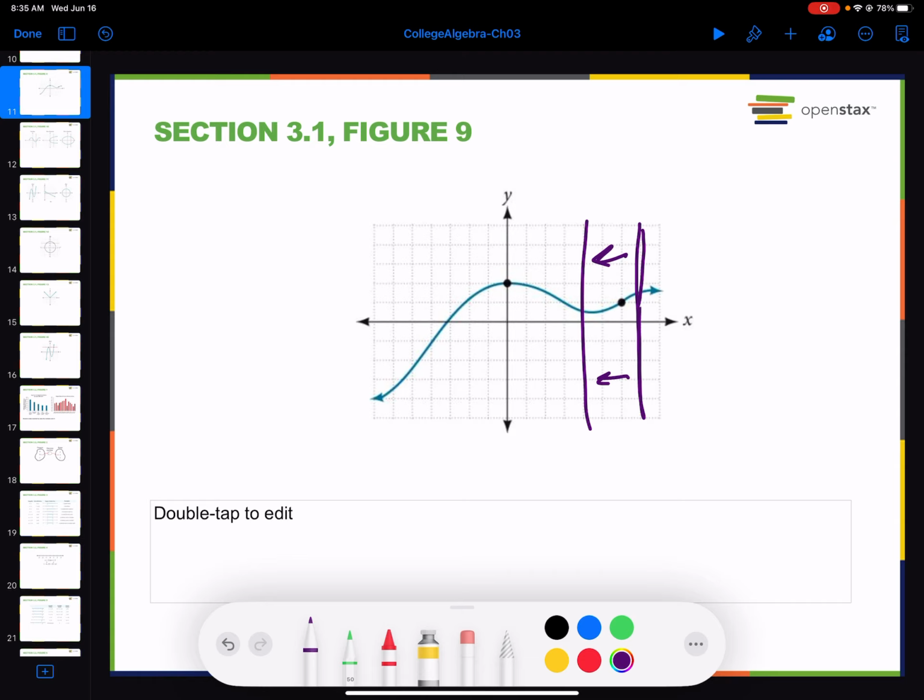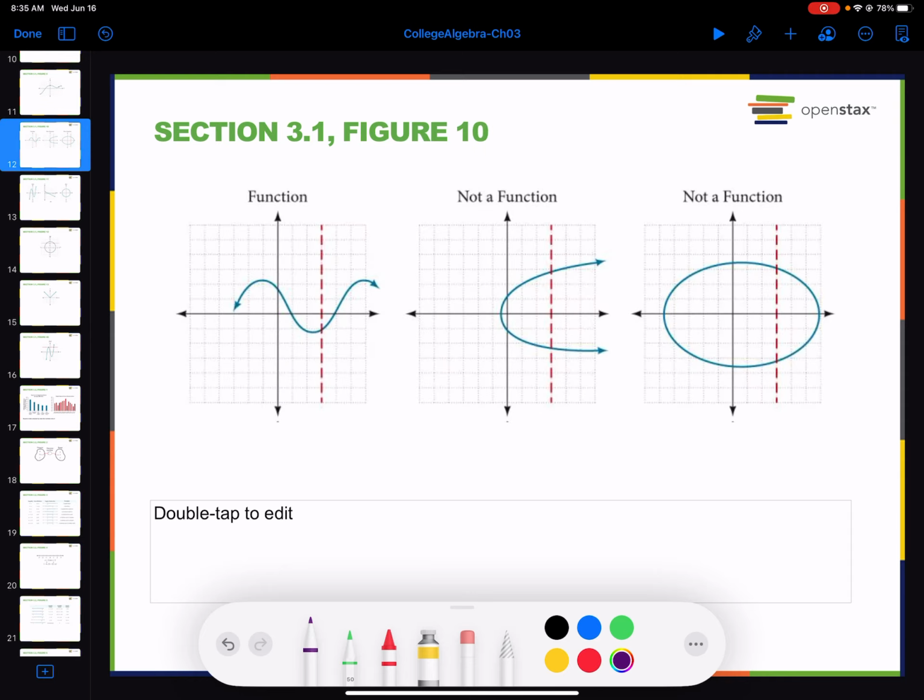You can run this line all the way across your graph, and if it only hits one time, it's a function. So now let's look at these ones. Again, they've got your vertical line, and as you run it across the graph, it's only hitting once. This one hits twice, so this one is not a function. And this one also hits twice, so it's not a function.